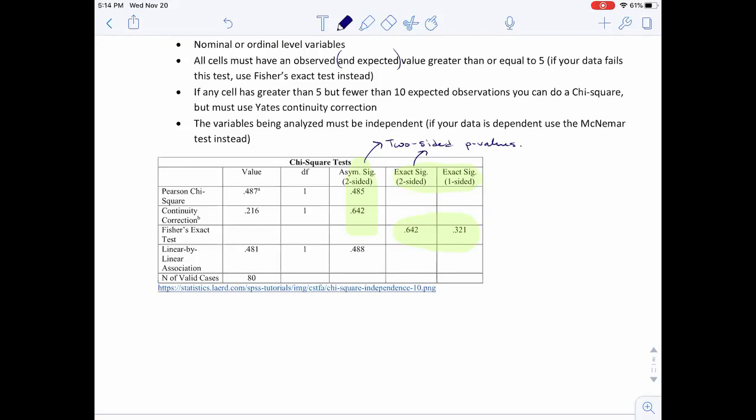As a rule, if you're looking at output, just use the p-value that it gives you. So you don't have to worry about that. That was me being picky. So as a rule, just use the p-value that it gives you. All right. So don't worry about that. Good. Then I'm happy.